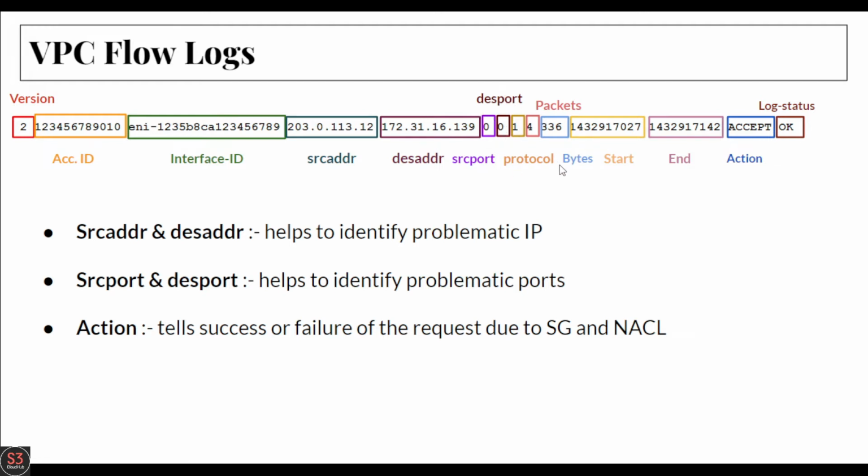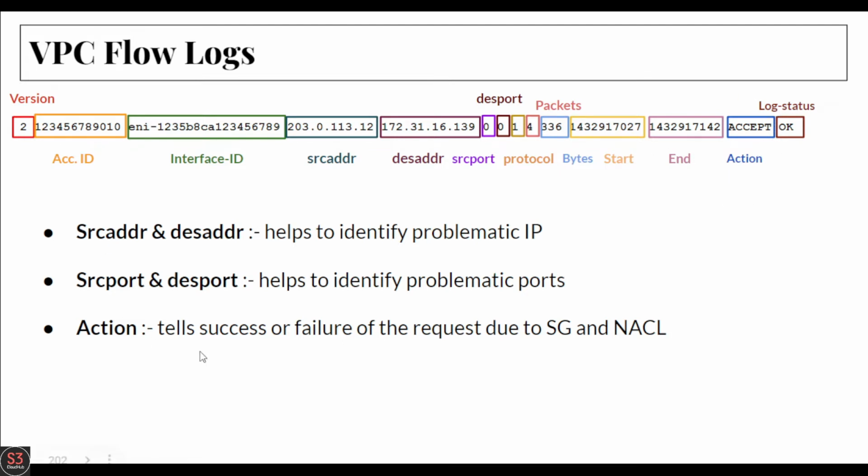We also have the protocol here. We also have the packets, how many packets there are. We also have the bytes here, and here are the start and the end. Then we have the main things in the header, which are action and log status.